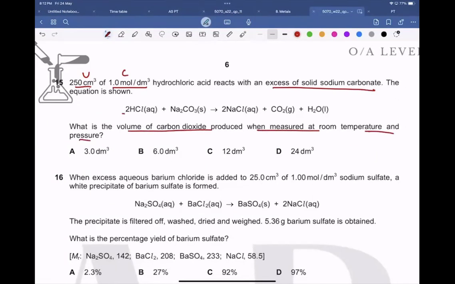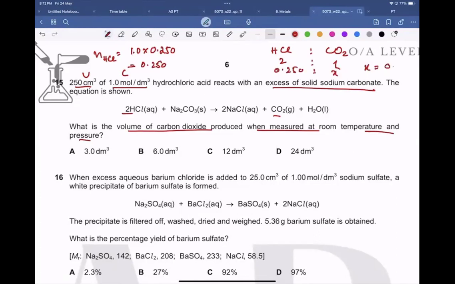So it's very easy. See the ratio, 2 is to 1, right? So the ratio of hydrochloric acid to CO2 is 2 is to 1. Now we have to find the moles of HCl. To find the moles of HCl, concentration times volume, and volume is 0.250. So 0.250 is to x, and if you calculate the value of x, you are going to get 0.125.